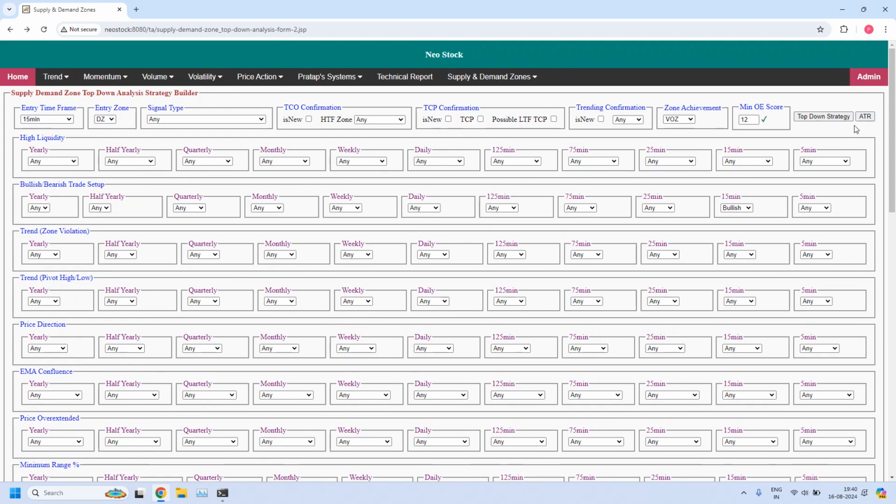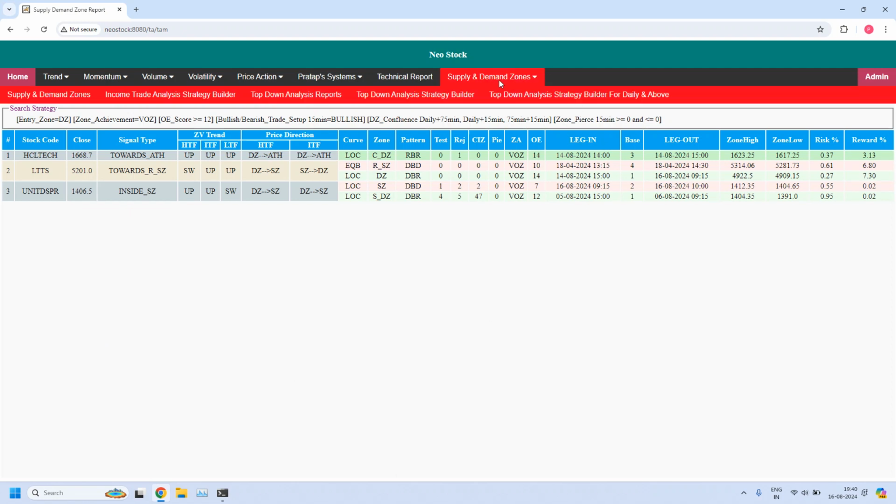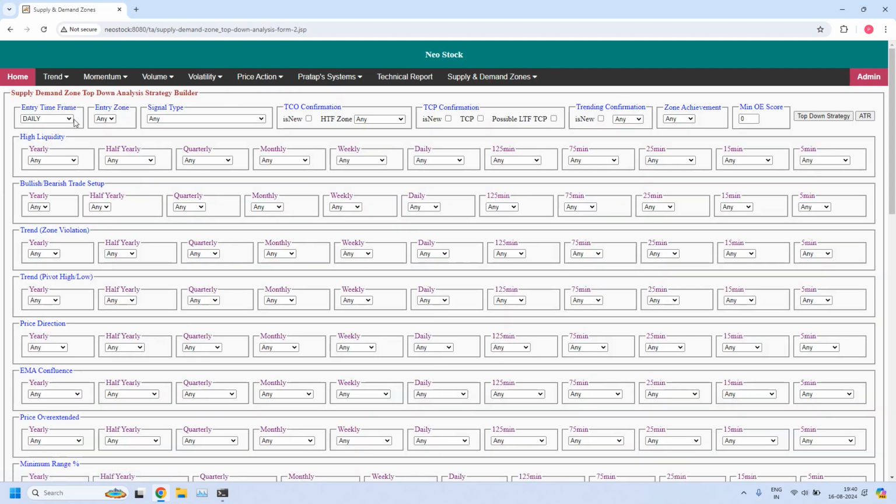Now all the 3 LTF, ITF, HTF confluence. So now 3 stocks are currently supporting all the 3 confluence. That is 15 minutes, 75 minutes and daily. Okay, the next report is bearish trade setup for daily income trade.